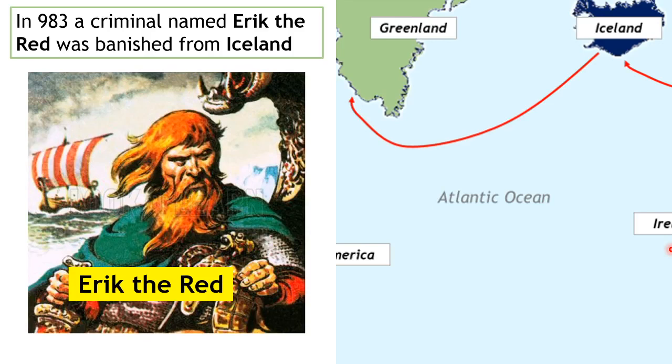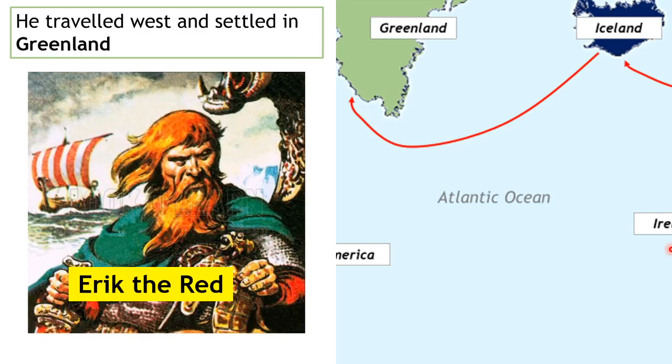Eric the Red took advantage of this opportunity that he'd been given, and he set sail westwards. And at some point, he made landfall. He landed in this huge expanse of land, Greenland. He started a settlement that was going to remain for decades.